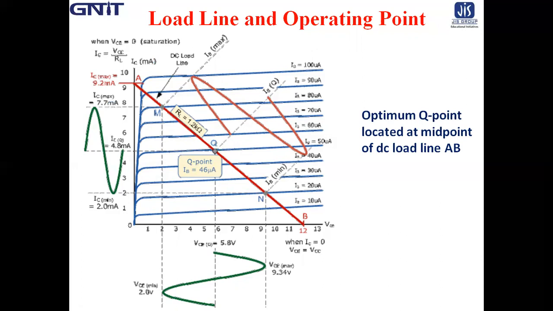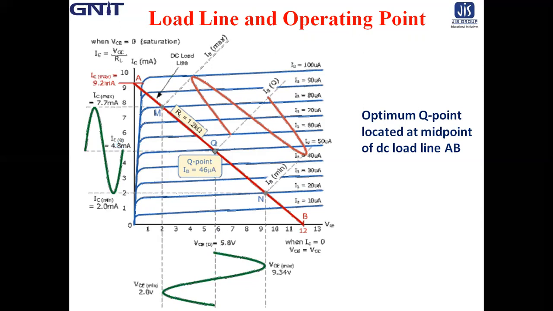The collector current and collector to emitter voltage corresponding to the Q point, that is ICQ and VCEQ, determine the operating currents and voltages of the transistor.